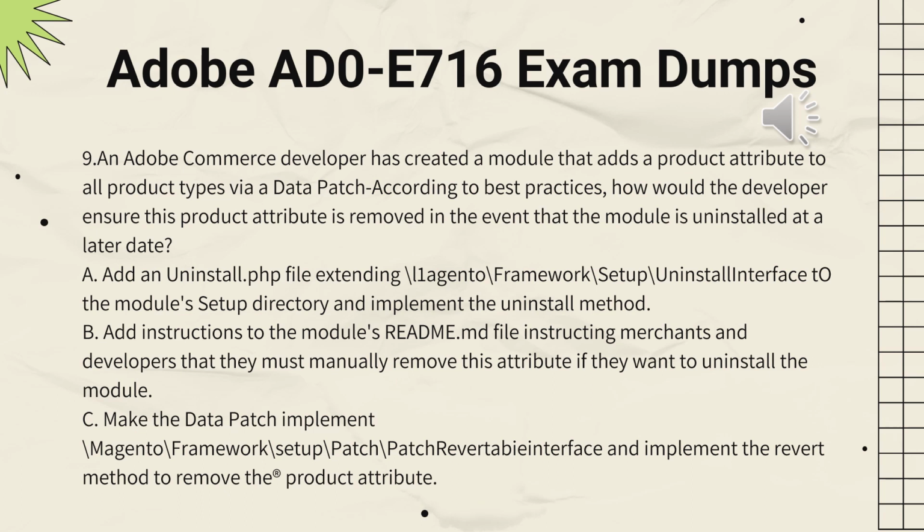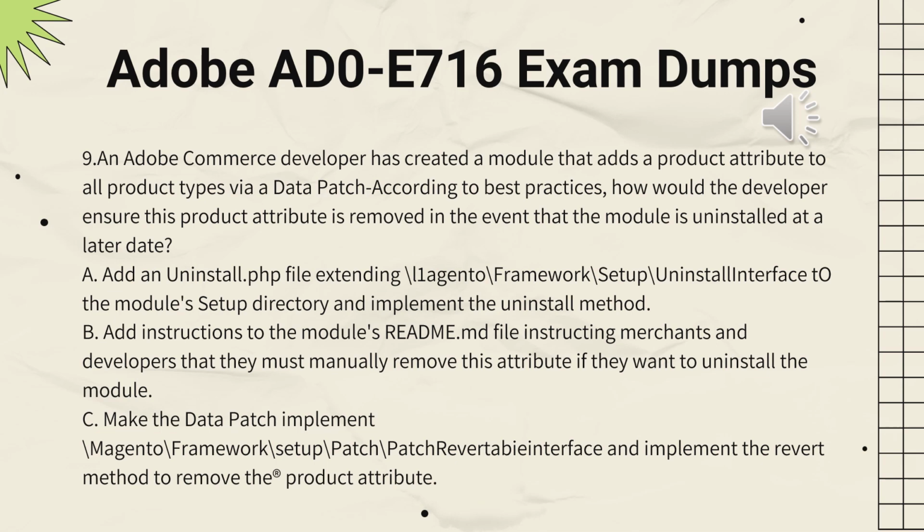B. Add instructions to the module's README.md file instructing merchants and developers that they must manually remove this attribute if they want to uninstall the module. C. Make the data patch implement Magento\Framework\Setup\Patch\PatchRevertableInterface and implement the revert method to remove the product attribute.